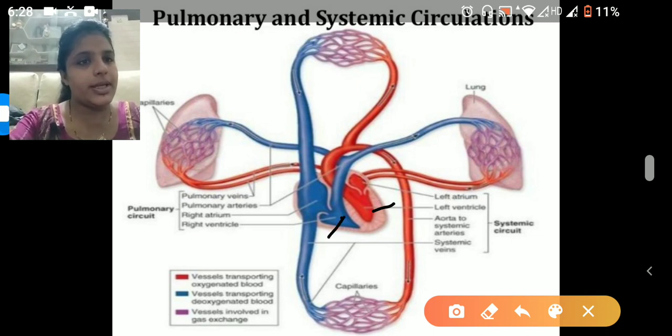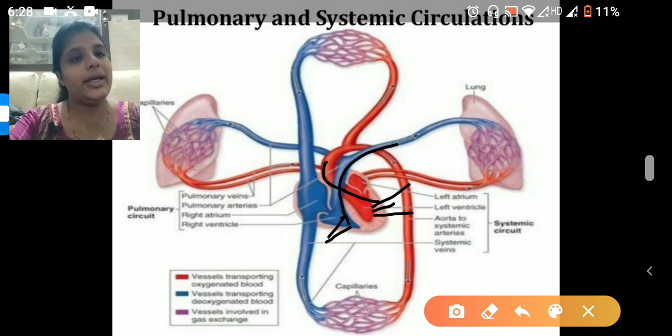Pulmonary circulation carries deoxygenated blood. Systemic circulation carries oxygenated blood. Pulmonary circulation moves via the pulmonary artery. Systemic circulation moves via the aorta. Pulmonary circulation starts from the right side of the heart. Systemic circulation starts from the left side of the heart.